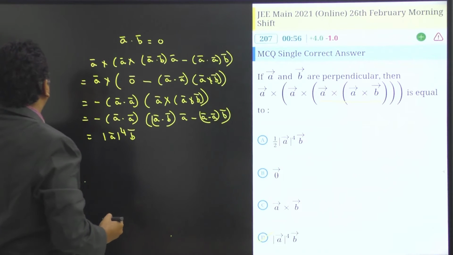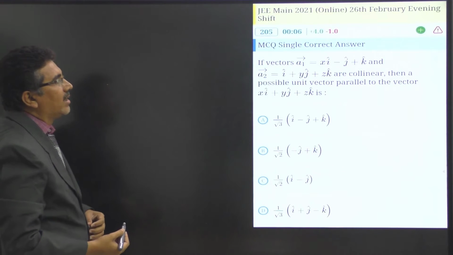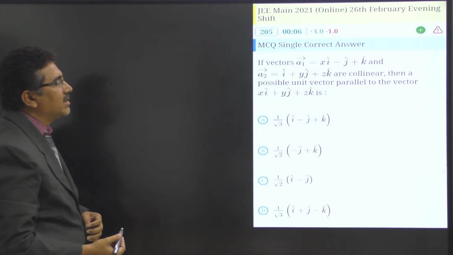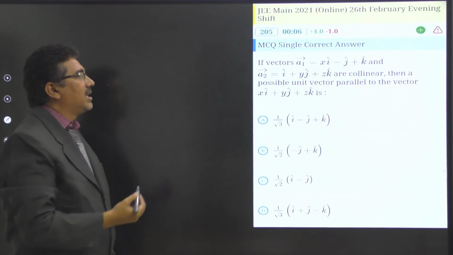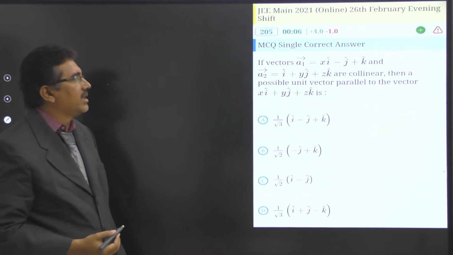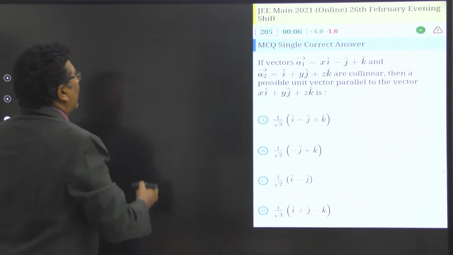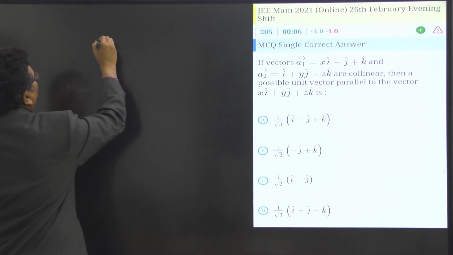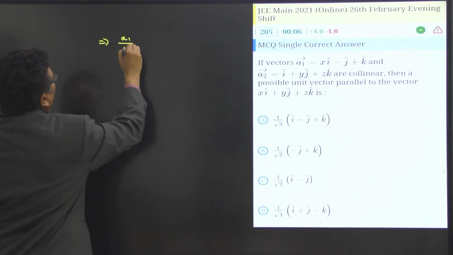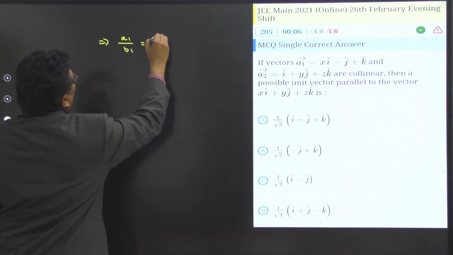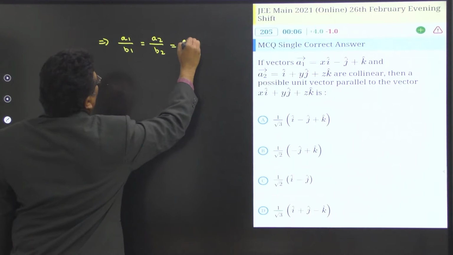Now let us see the next one. Given two vectors are collinear, find a possible unit vector parallel to the vector. This is also a direct concept based question. Given two vectors are collinear, their components are proportional. It means that A1 by B1 is equal to A2 by B2 is equal to A3 by B3.